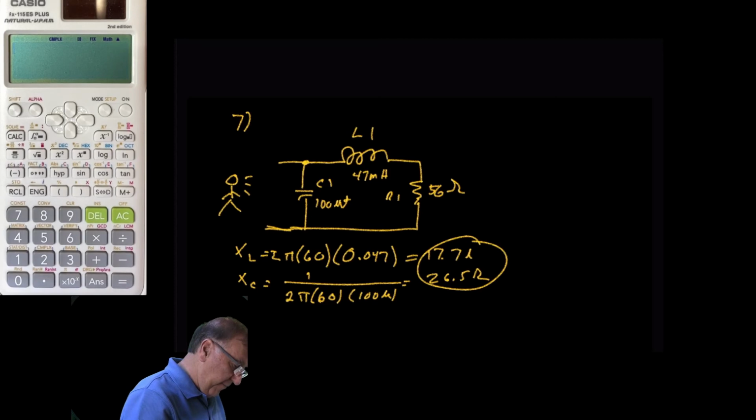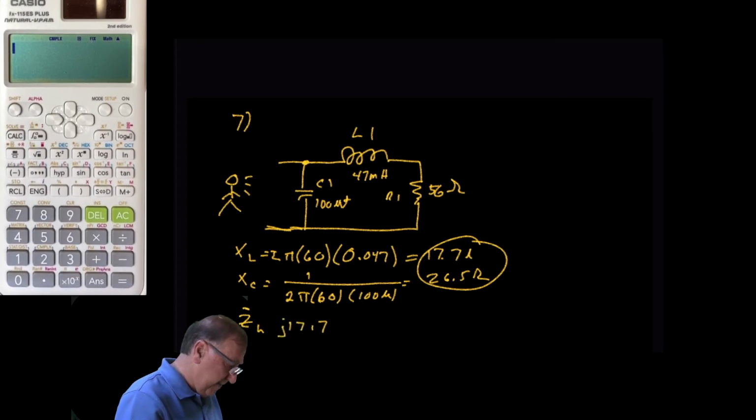So Z of L is equal to j17.7, and the next thing we can do is some circuit simplification here.